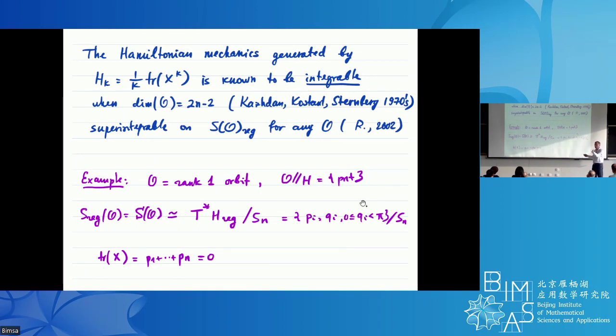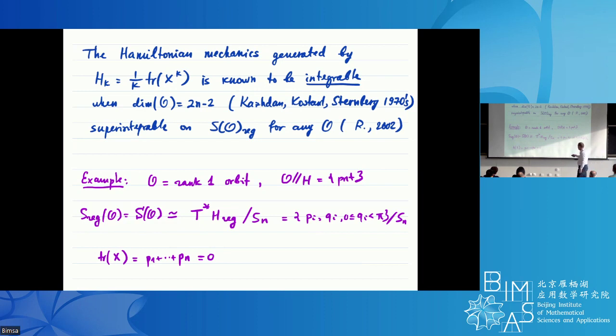When you just take, let's say, the GIT quotient of the orbit with respect to the action of this group, if there are no stabilizers, the dimension drops by n minus 1, the dimension of the Cartan. If you do the Hamiltonian reduction, the dimension drops by twice the dimension of the group. So in this case, the dimension will be 2n minus 2 minus (2n minus 2), which is 0. So that means that it's a point.